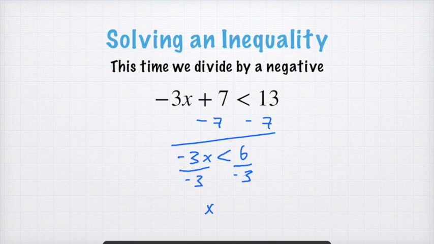So we're going to end up with x is greater than negative 2. Right? So remember, because we had to flip that sign, it will change our answer a little bit, but it won't be too much. It'll still make some sense as we're going through it.